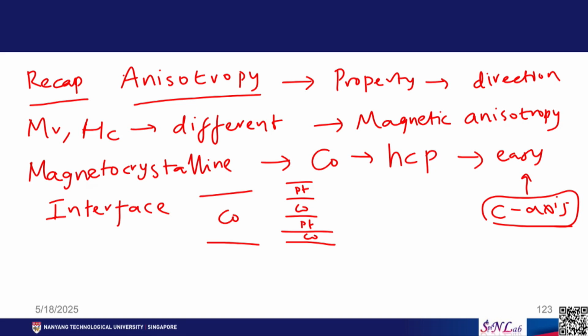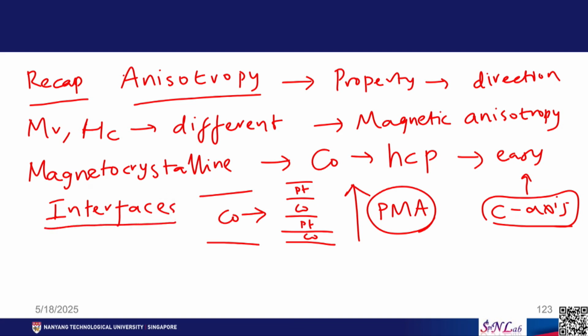In this case we can see a perpendicular magnetic anisotropy. Typically a cobalt film will have easy direction of magnetization in the plane, but if you deposit multilayers of cobalt platinum, you can get a magnetization in the perpendicular direction. So, we can say there is a perpendicular magnetic anisotropy setting in because of the interfaces. So, this is one type of interface anisotropy.